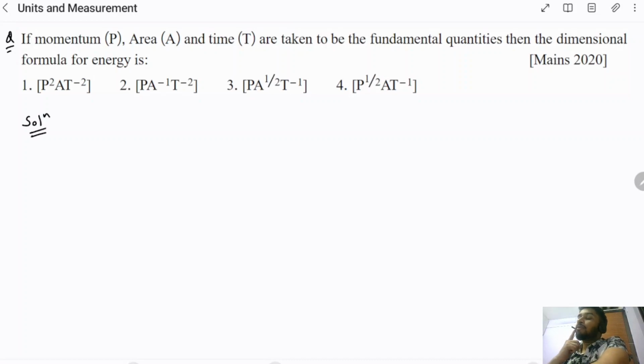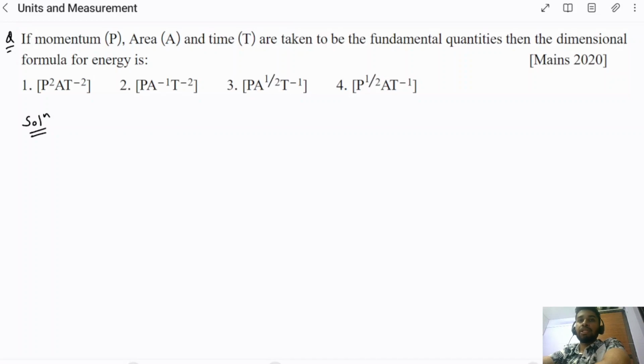Here they have given, if momentum, area and time are taken to be the fundamental quantities, then the dimensional formula for energy is. So in this particular question they are taking momentum, area and time as the fundamental or the base quantities, and we need to write energy in terms of momentum, area and time.